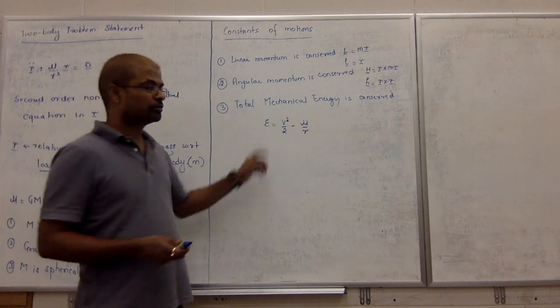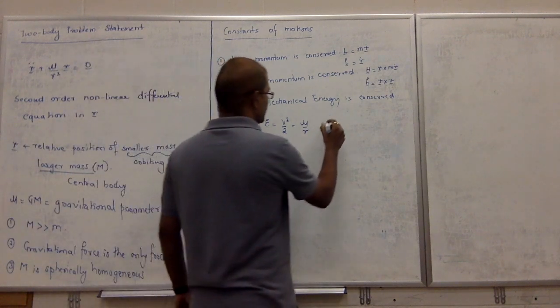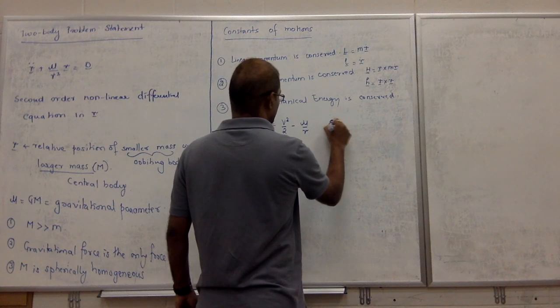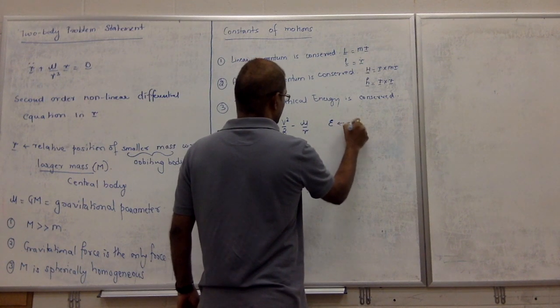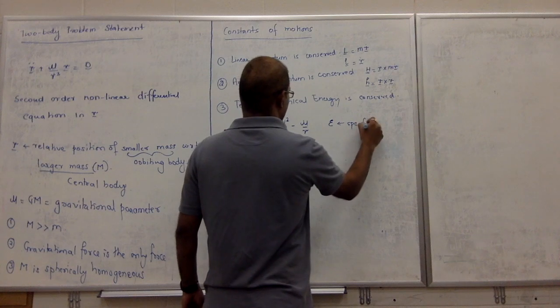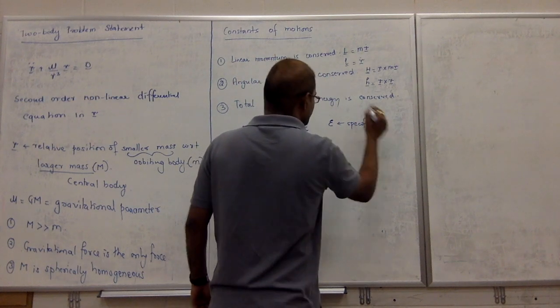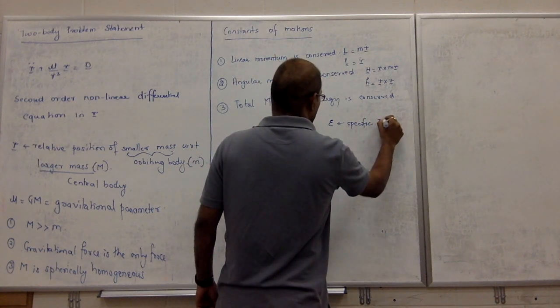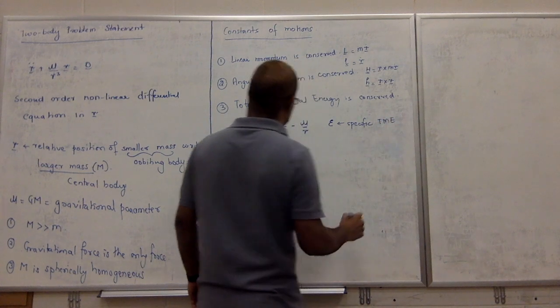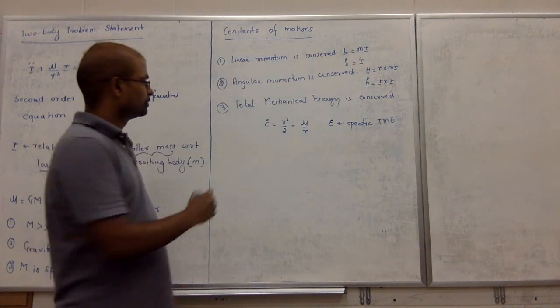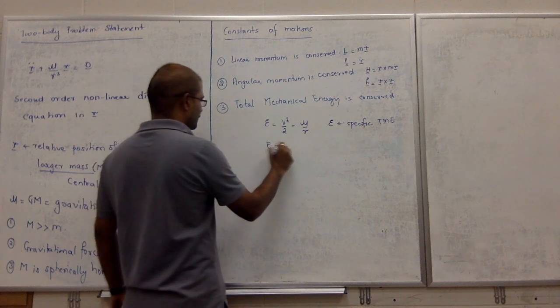Now this is specific. Here, again, this epsilon is the specific total mechanical energy. So how does it look when it's not specific?